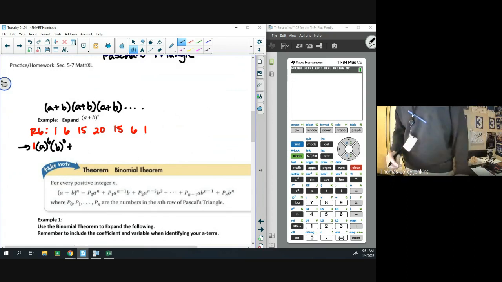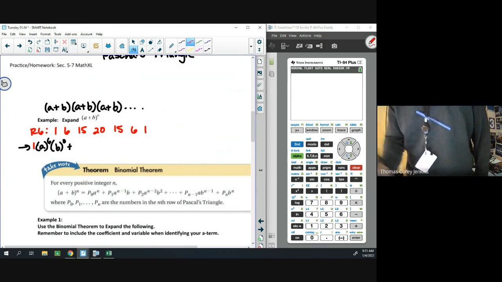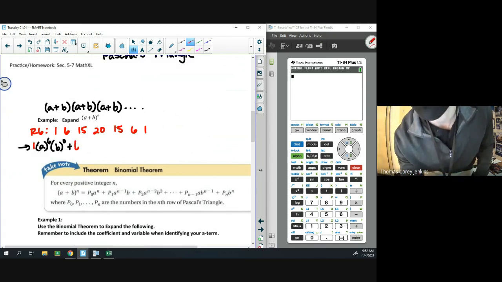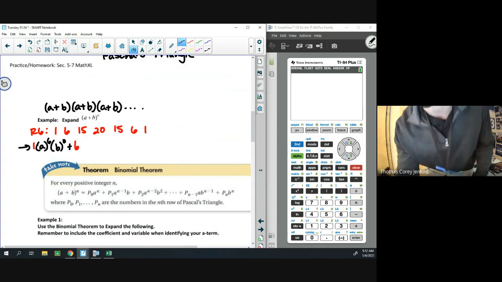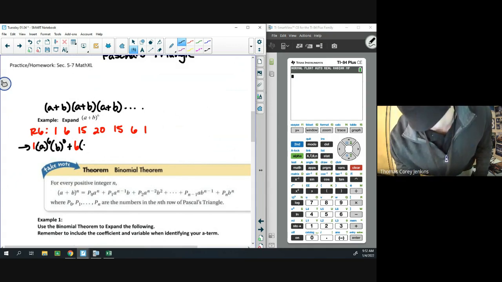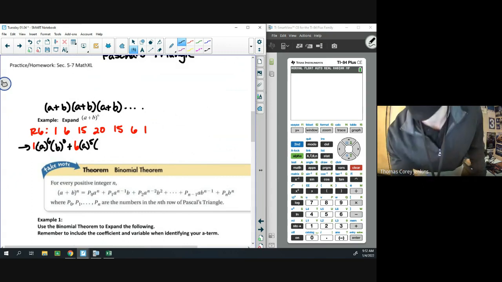So whatever that is, and we'll simplify it here in just a second. Okay, the coefficient of my next term is 6. And then remember, my powers of A are descending, right? So it was A to the 6th before this, so it's A to the 5th on this term. And my powers of B are ascending, so I'm going from 0 to B to the 1st.